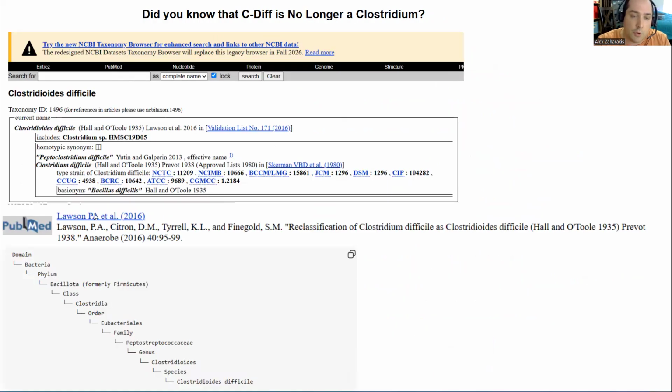This is an example showing you the NCBI hierarchy here for C. diff. Interestingly enough, it was called Clostridium difficile, but this was actually regrouped in 2016. It's no longer part of the Clostridium genus. It's now part of the Clostridioides genus, which is a new genus different from Clostridium.